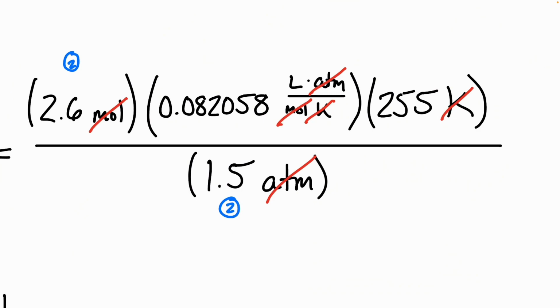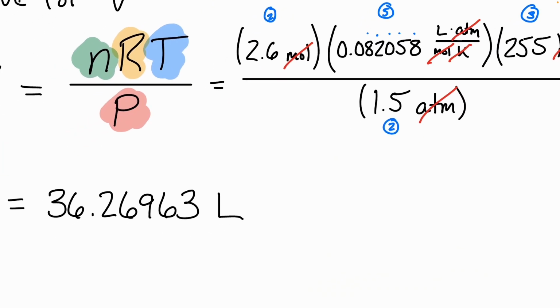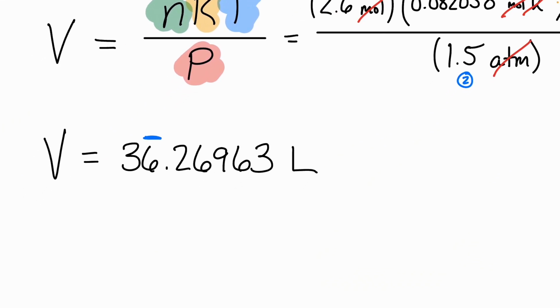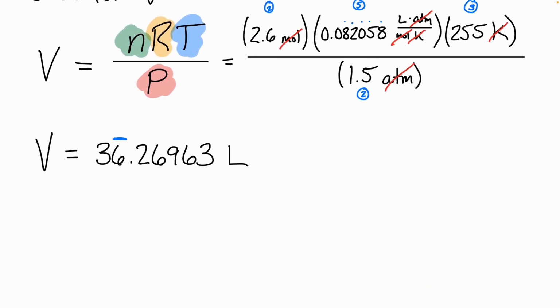An ideal gas constant is not an exact number, but we do have a value with a lot of different sig figs here. 1, 2, 3, 4, 5 sig figs. And then my temperature has 3. So then how many should be in my final answer? Yeah, the minimum here, which is that 2 from either my pressure or my moles, is going to limit me. Okay, so this gas would occupy a volume of 36 liters, reported to the correct number of sig figs.